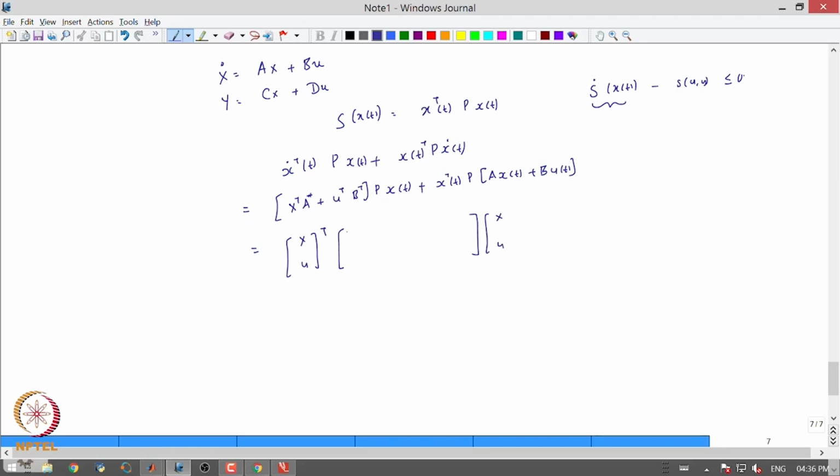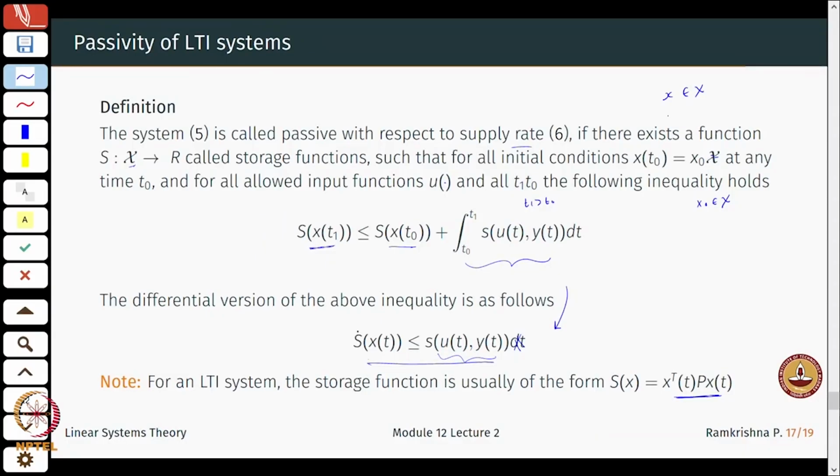I have A transpose P plus P A, and the term involving x transpose and u would be P B, and the term involving u transpose and x is B transpose P, and 0 here. Okay. And what is my supply rate?